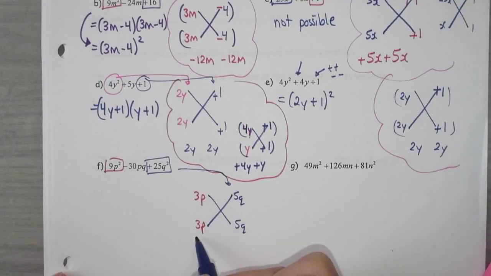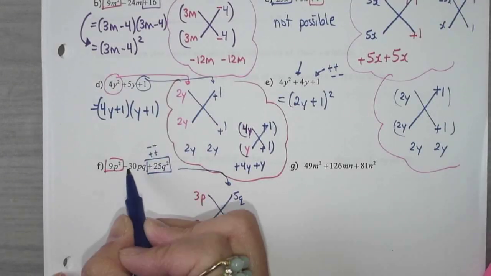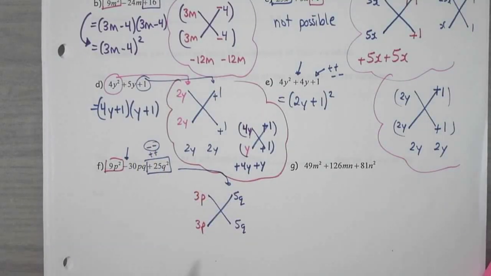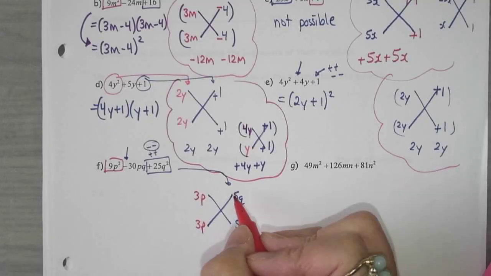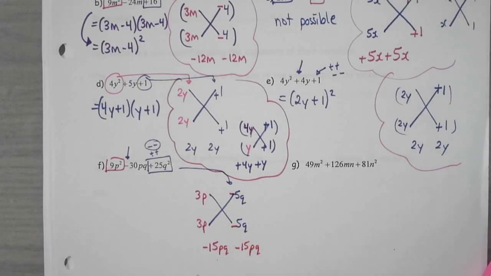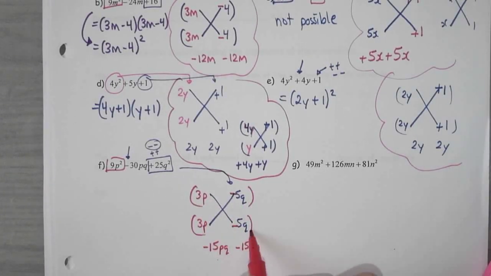And crisscross, so look, it's positive, so it's plus, plus, or minus, minus. But because we look here, it adds to be minus, it has to be minus, minus. So if that's going to be minus, minus, that'll be negative 15pq, negative 15pq, and does that add to be the 30? Yes. And you can see it's double the middle, 15, 15, so that's why we know it's two of the same.